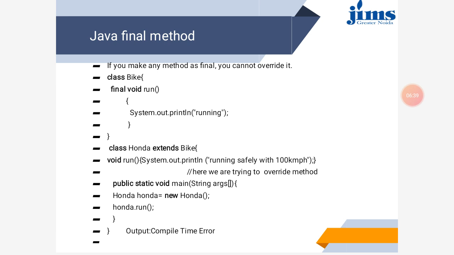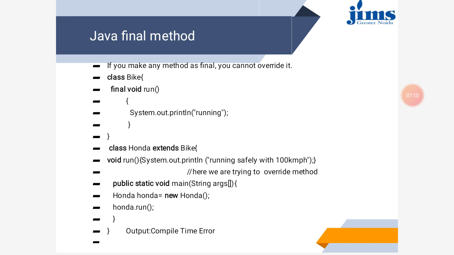It means the Honda class is inheriting the Bike class. And we are using the run method here, and we are changing the definition of the run method. So the run method is in the parent class, the super class, and also in the child class. In the child class we are going to modify the definition of the method.